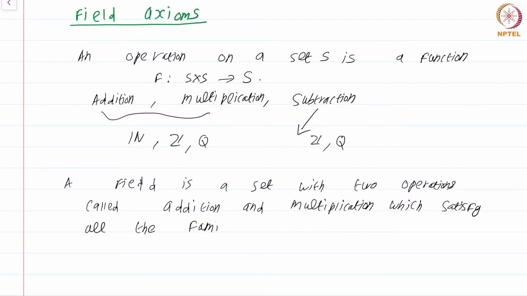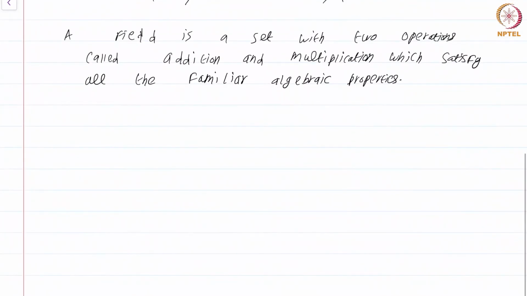What do I mean by satisfies all the familiar algebraic properties? Well, the only way to make this precise is to actually list out properly what a field is. A field is a triple.